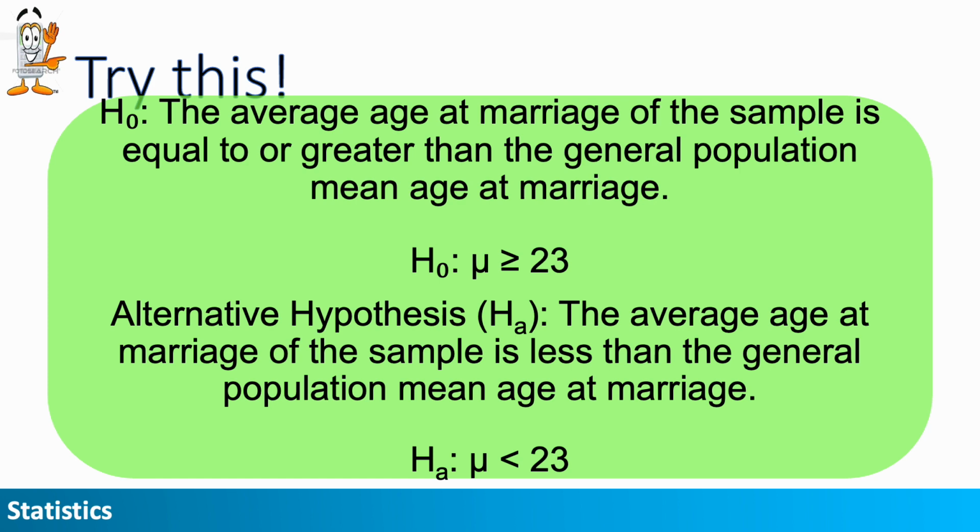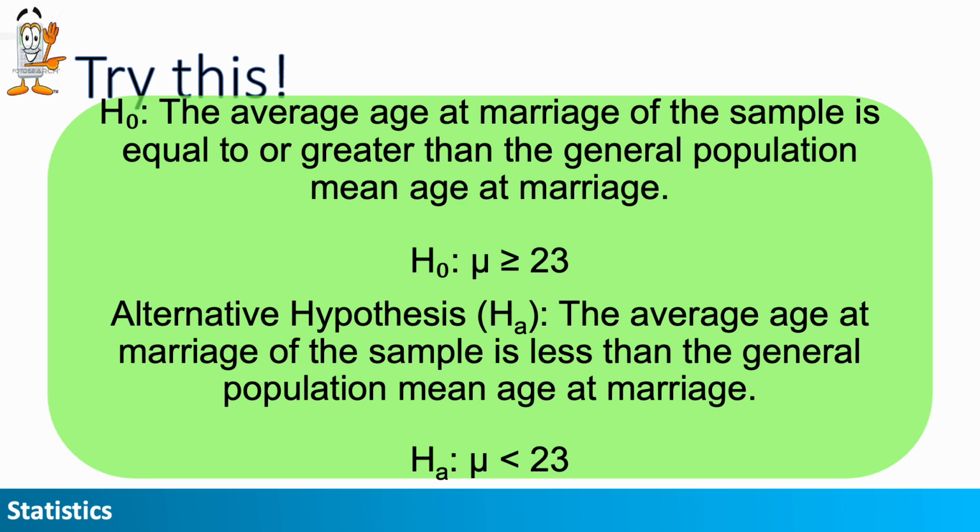And that means that your null hypothesis, because we're only testing whether mu is less than 23, should be either equal to 23 or greater than 23. And in mathematics, there is a symbol that combines greater than and equal to. And that's the symbol that we have here. Your null hypothesis is the average age at marriage of the sample is equal to or greater than the general population mean age at marriage.